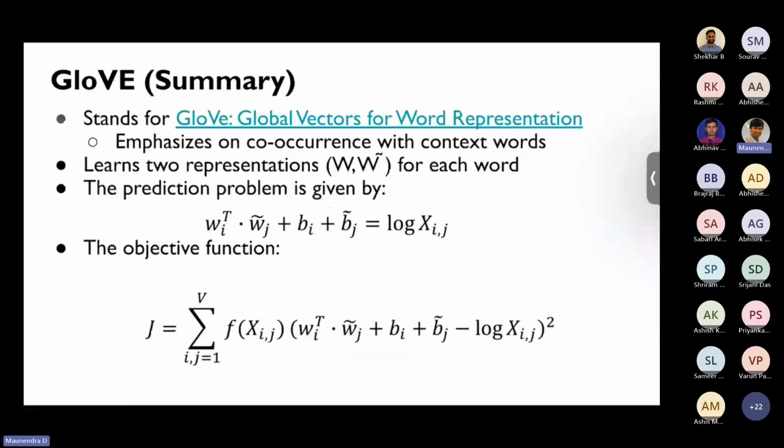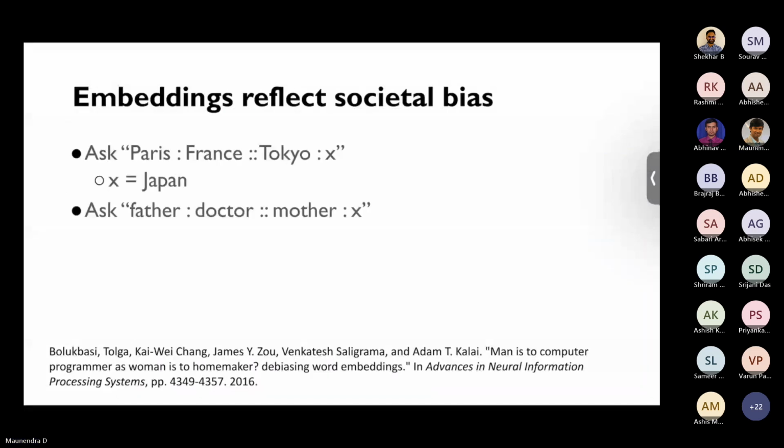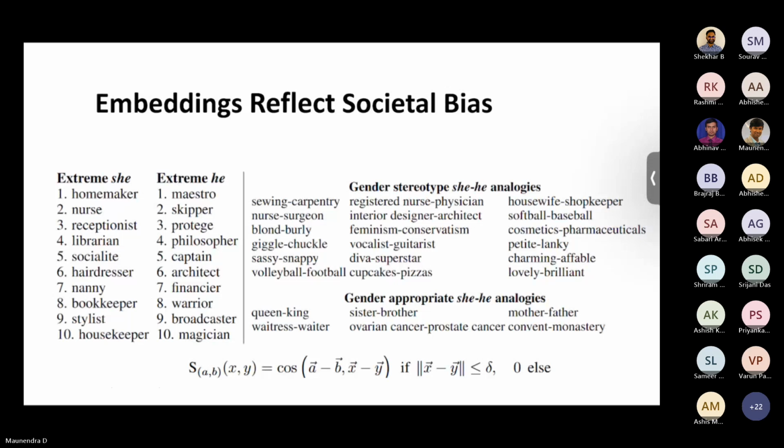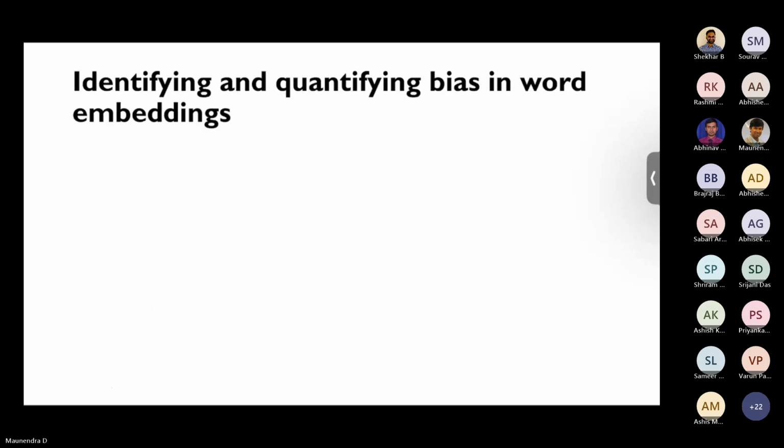Okay, so let us go back to the debiasing topic. Now, identifying and quantifying bias in the word embeddings. As we had a question earlier, which words do we consider?